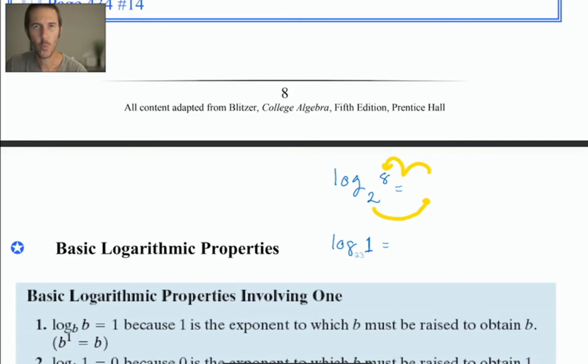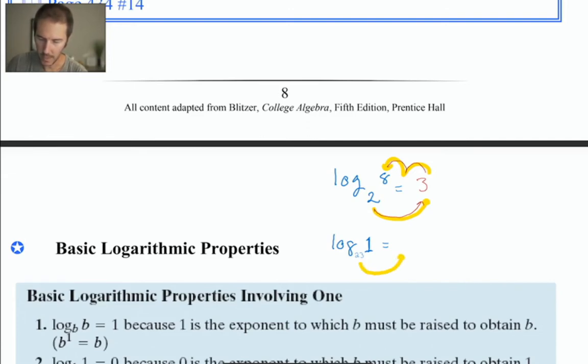Well, 2 to what power equals 8? 2 times itself how many times until I get to 8? 2 times 2 makes 4, times 2 makes 8. Okay, so I required 3 multiples of 2 to get to 8. So, oh, well, this must be a 3. 2 to the power of 3 equals 8. Yeah, that works.